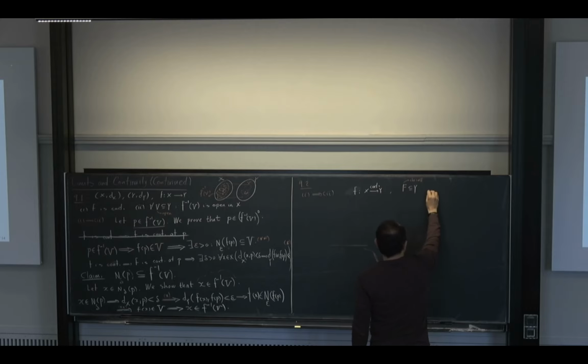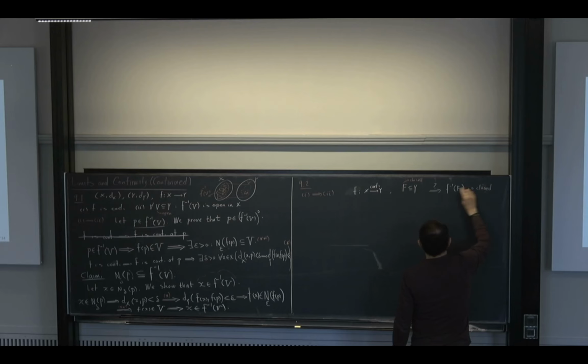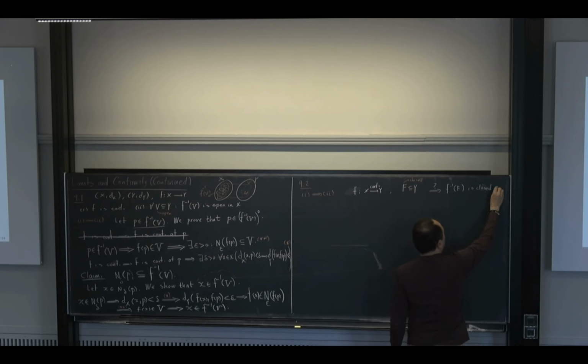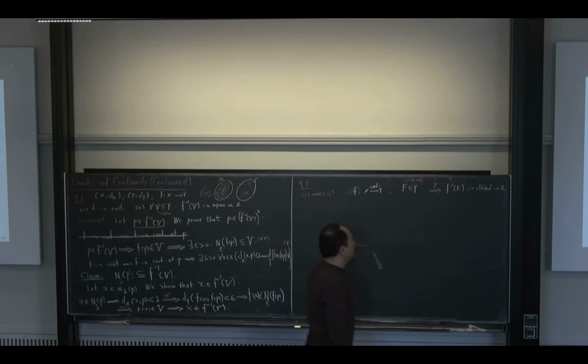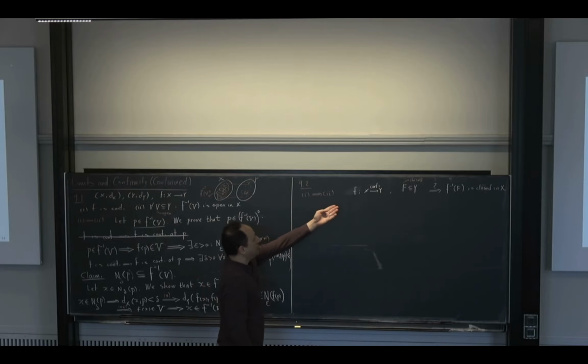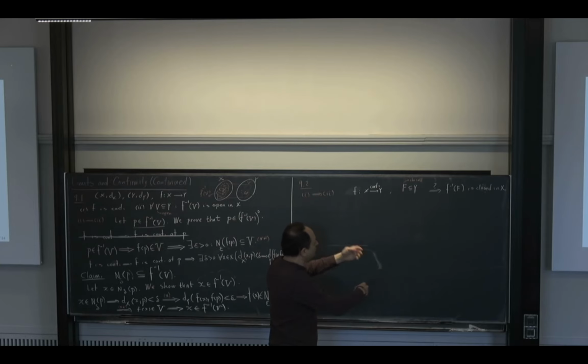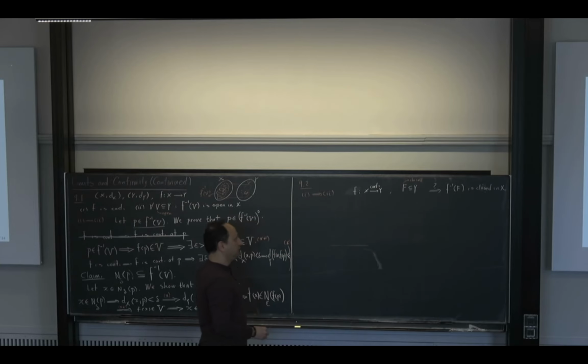And then we want to prove that f inverse of F is closed. Of course, here when I say it is closed, I mean closed in the domain: we want to prove that this is closed in X. If I can guarantee this, then it means that I showed that this takes me here, and then you do something similar to go backwards. That will be left as an exercise.